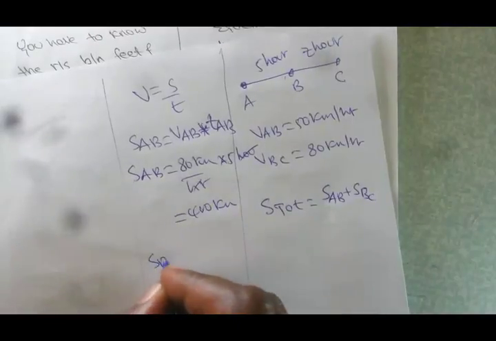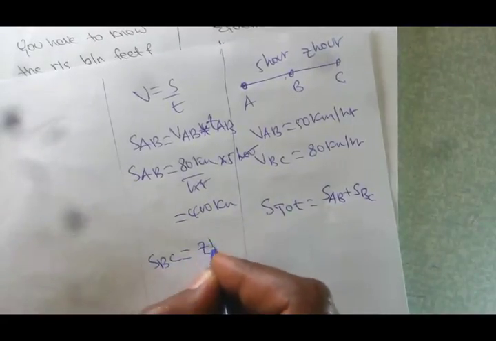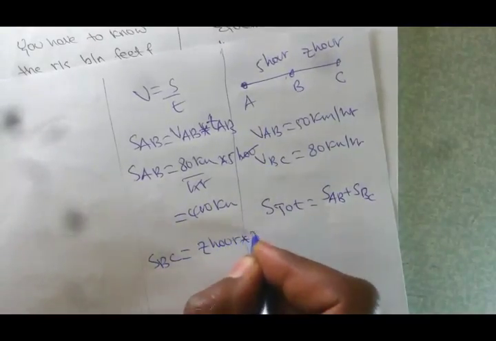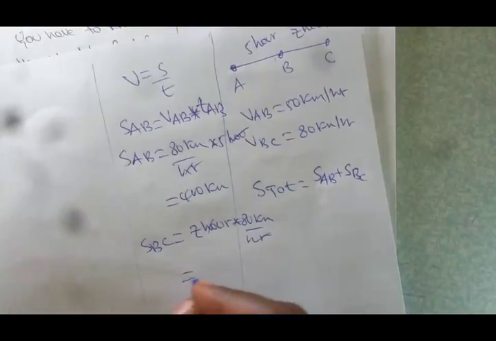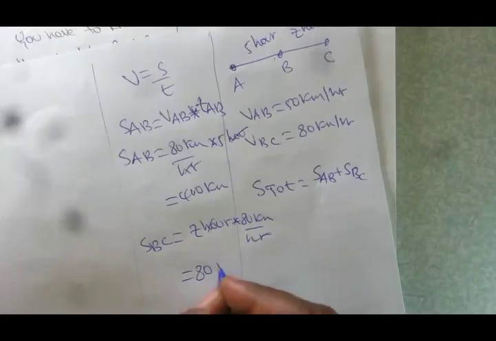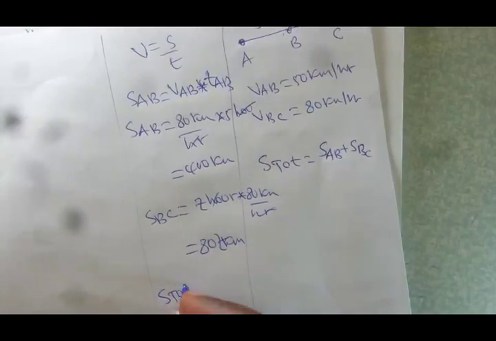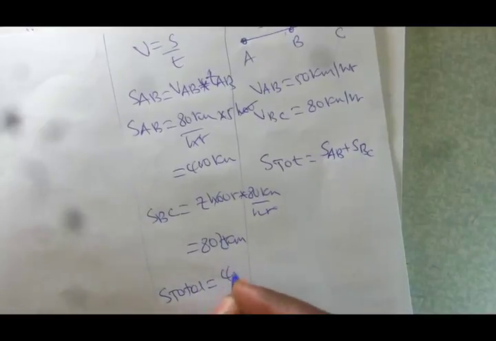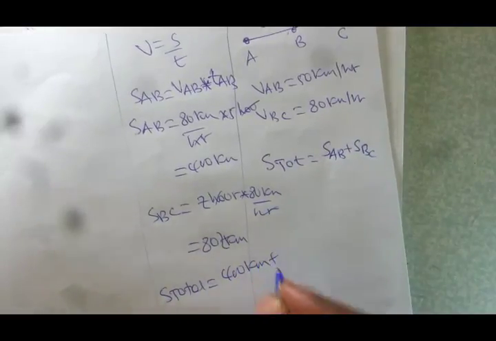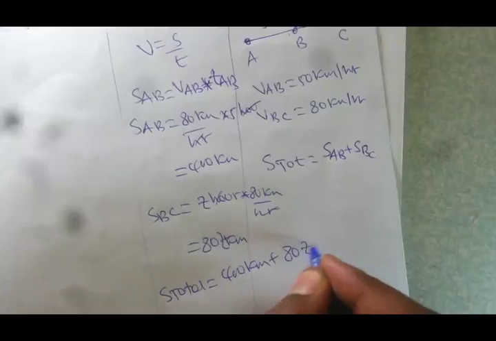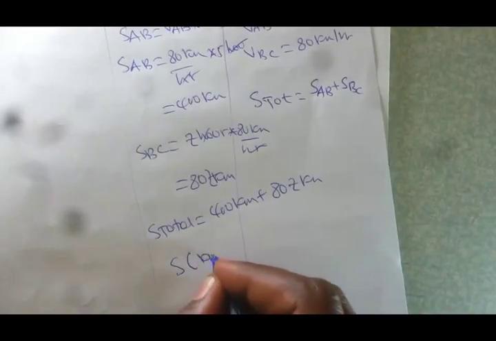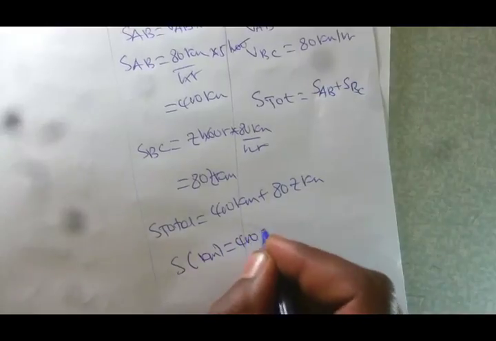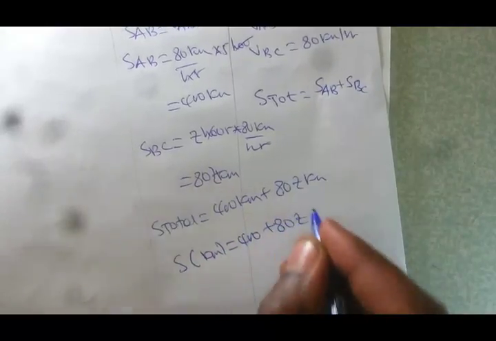The distance between B and C is Z hours times 18 km per hour, the hours cancel, and this is 18Z km. Therefore S total is equal to 400 km plus 18Z km, or S in kilometers is equal to 400 plus 18Z.